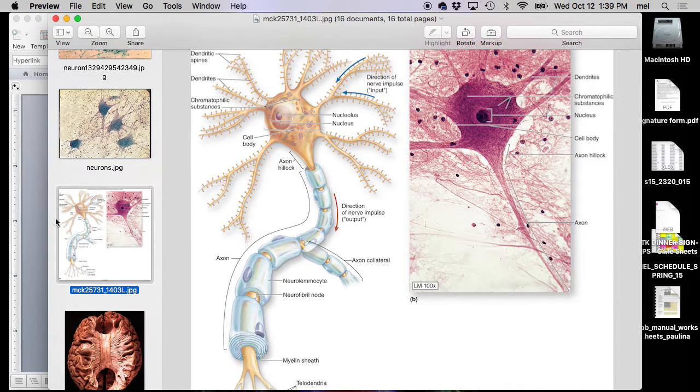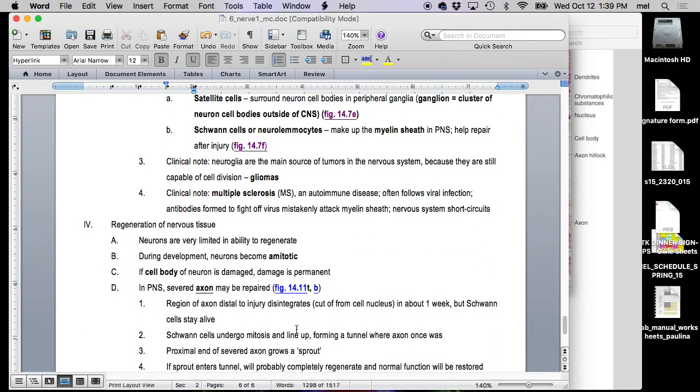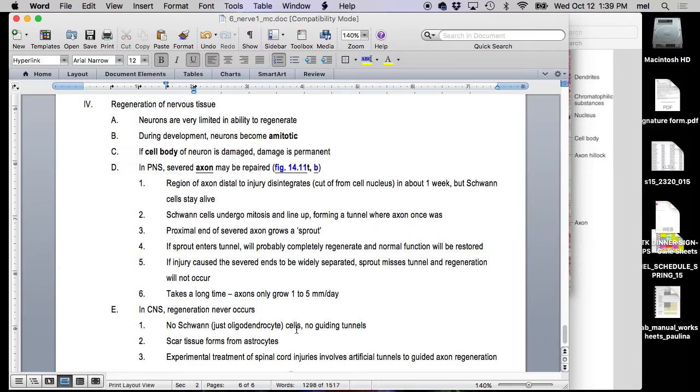So any questions? Okay. So last thing in the set of notes is just to talk about regeneration of nervous tissue. So if you damage nervous tissue, are you always completely screwed? No, not always. It depends on where it was damaged and which parts were damaged. So first off, we do know that if you damage a neuron cell body, your chances are not good that you're ever going to get it back.